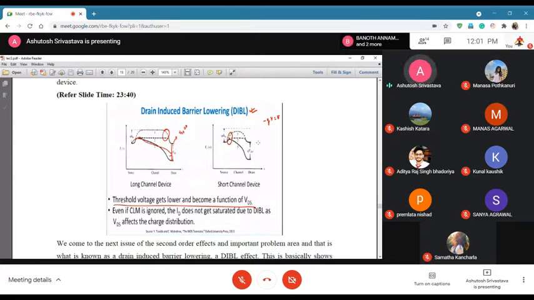Remember, whenever you are manufacturing a transistor, if your transistor threshold voltage keeps on changing with VDS, that is very detrimental.